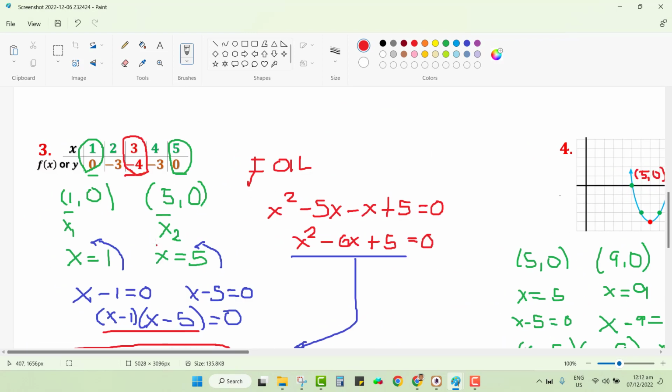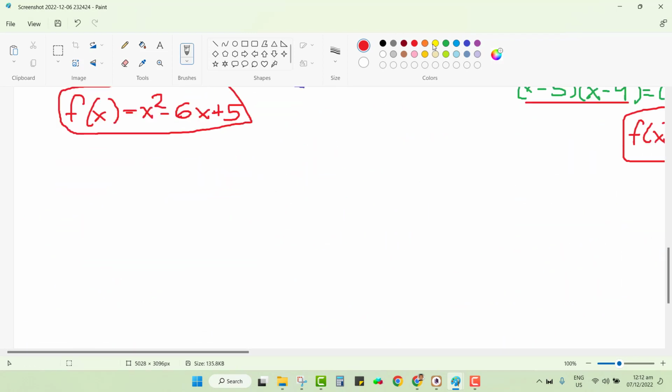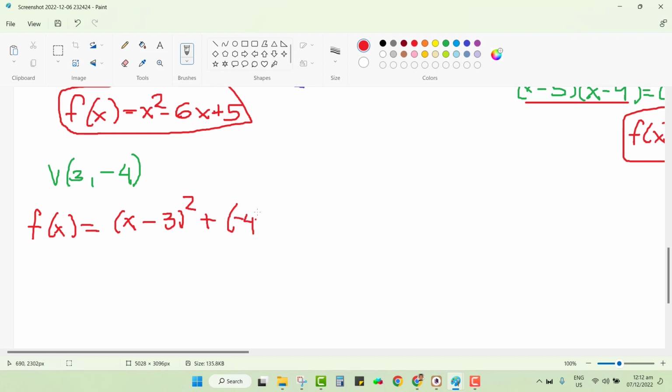Let's start with number 3. Again, the vertex is at 3, negative 4. So working towards that, your vertex form is x minus h, that's 3, the square of that binomial, plus negative 4 here.